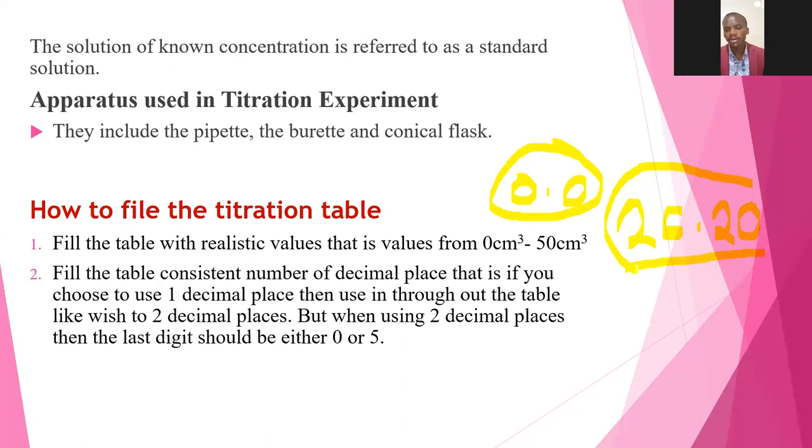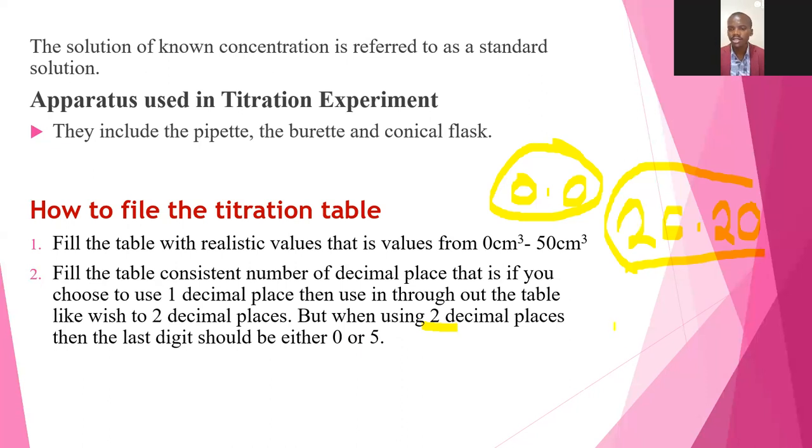And again, one very important message to take home: if you choose to use 2 decimal places, ensure that the last digit is either 0 or 5.